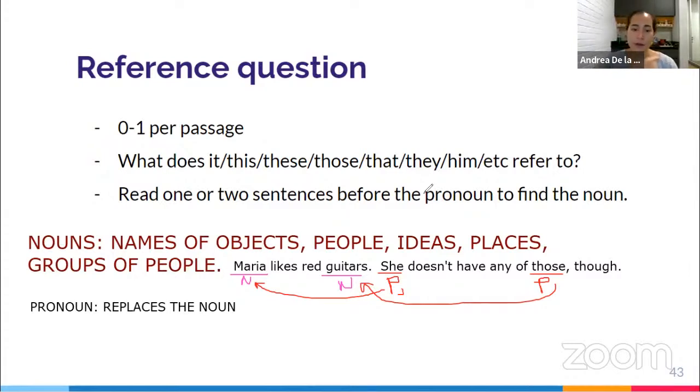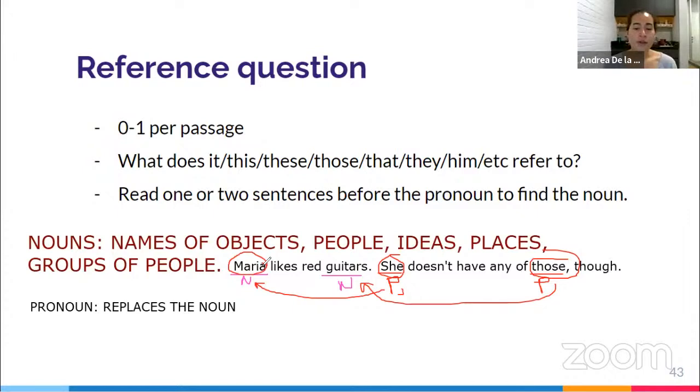That's basically what you have in this question. In this question, you will have obviously the entire paragraph, and they will take one of those pronouns, like the word those, and they will ask, what does this pronoun refer to? So you have to point out the word guitars or red guitars, okay? Or maybe they will take the word she and ask, what does the word she refer to? And then you have to say, it refers to Maria. That's it.